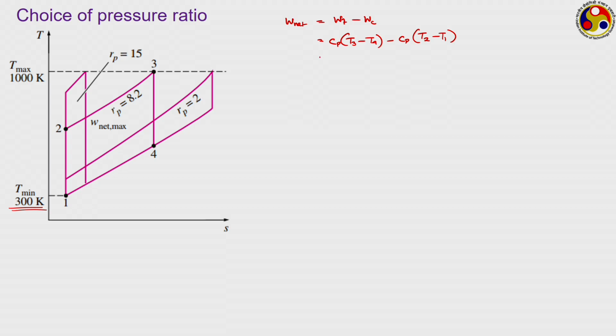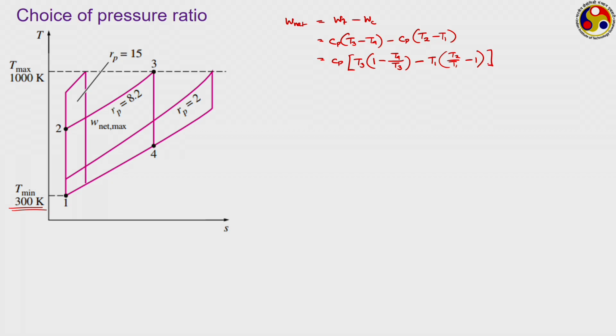So, from there let us take Cp out. We write T3 into 1 minus T4 upon T3, minus, taking T1 common, because T3 is the maximum temperature and T1 is the minimum temperature, and we are keeping them fixed, this becomes T2 upon T1 minus 1.